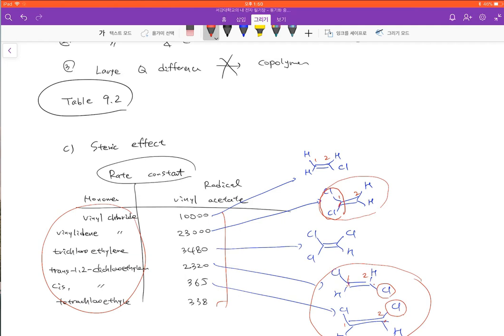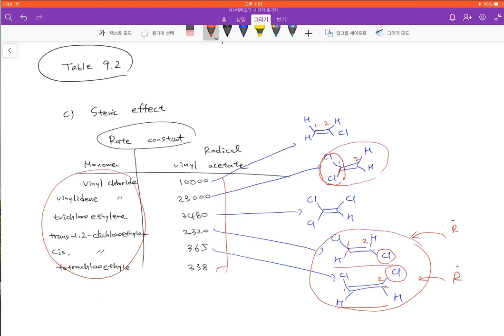The reason is that if there are chlorine atoms attached to the second carbon, there will be much more steric hindrance between this monomer and the attacking radical, because of these large chlorine atoms.